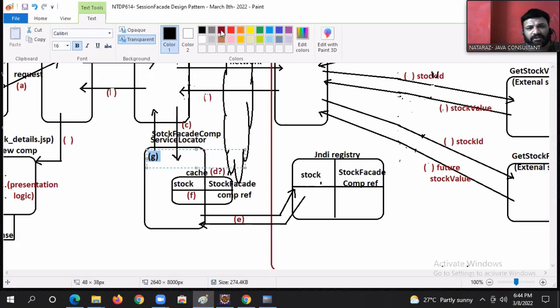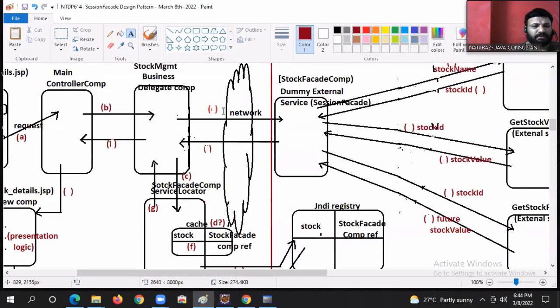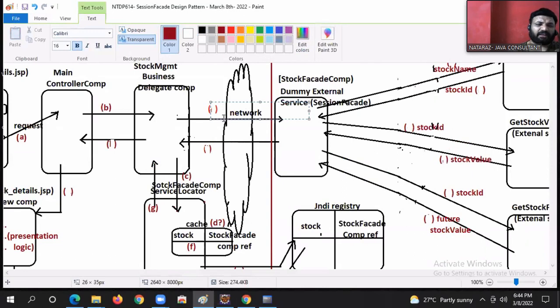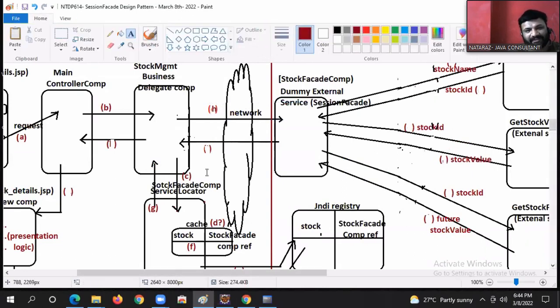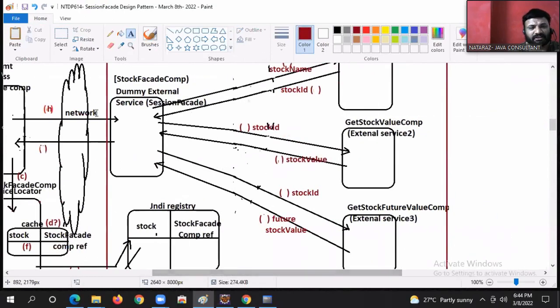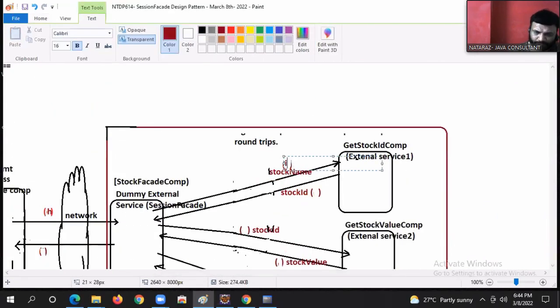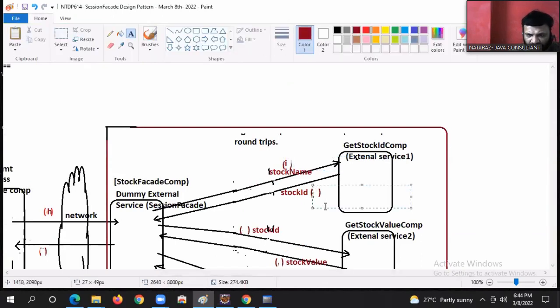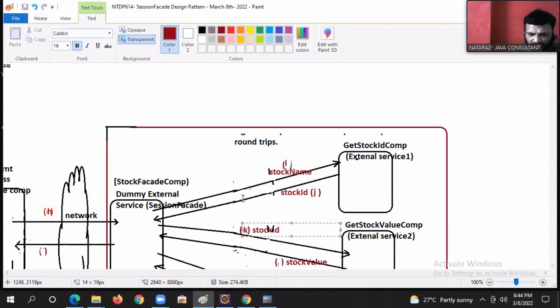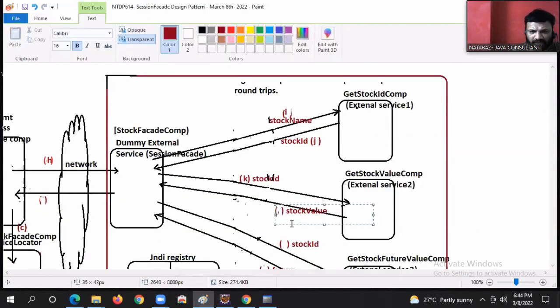G goes back to this place. Using that, it interacts with the destination component. H. Next. Yeah, this locator, this facade. I. J. K. Yeah, using stock ID. K. L.